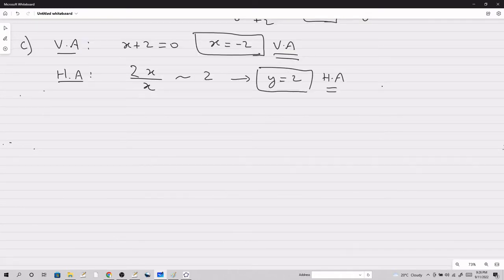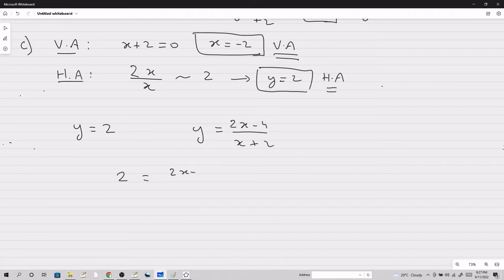Now, are there any intersections between the horizontal asymptote and the graph? Let's see. To find any intersection, we take the equation of the horizontal asymptote and the equation of the function (2x - 4)/(x + 2), and we set them equal.